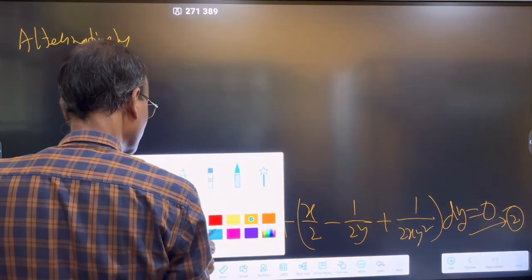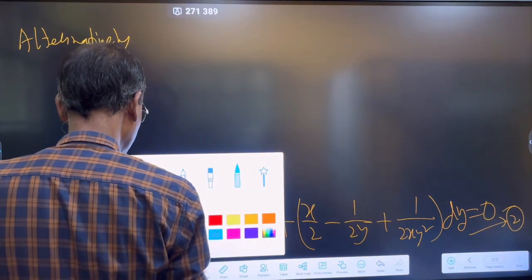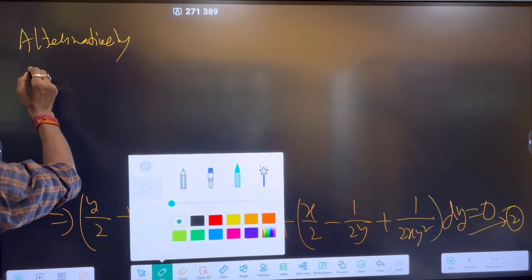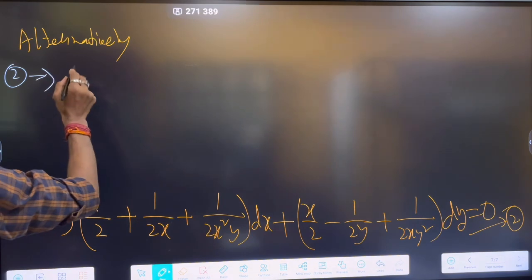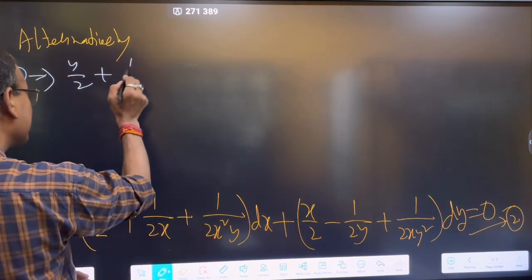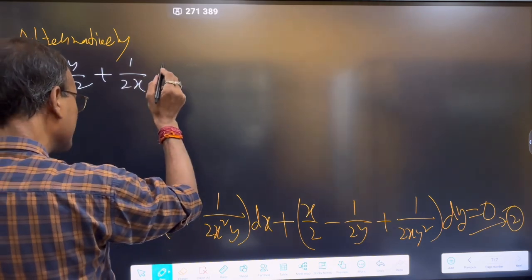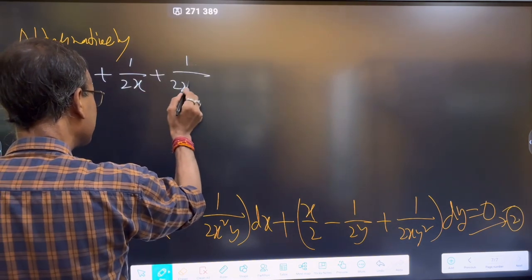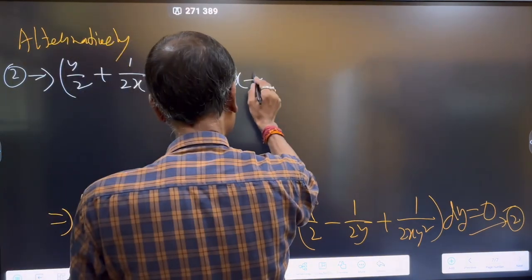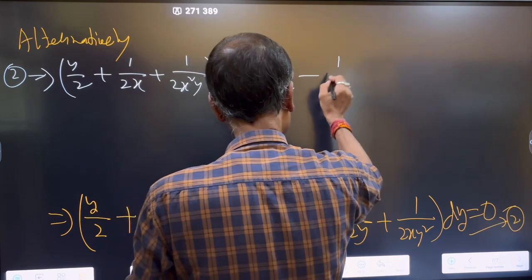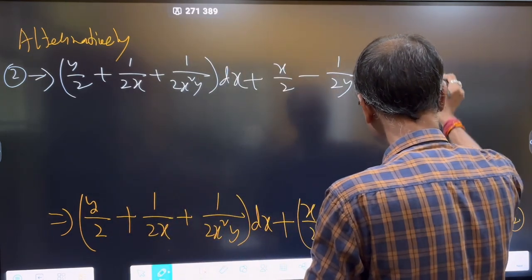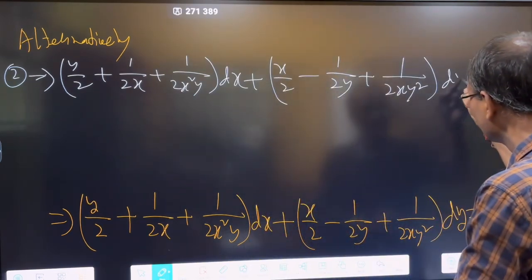Alternatively, y by 2 plus 1 by 2x plus 1 by 2x square y dx plus x by 2 minus 1 by 2y plus 1 by 2xy square dy equal to 0.